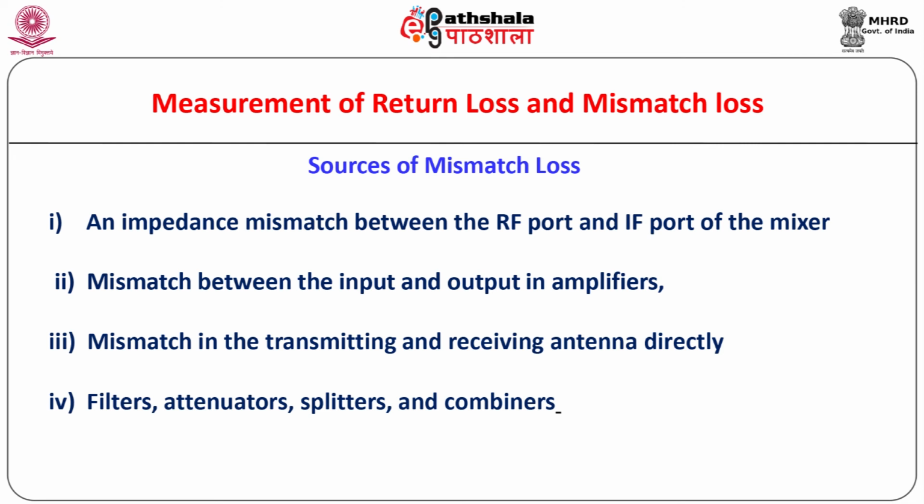Filters, attenuators, splitters and combiners are some more examples which are responsible for generating mismatch loss. Mismatch loss can be minimized by selecting quality components for use in a well-designed system.